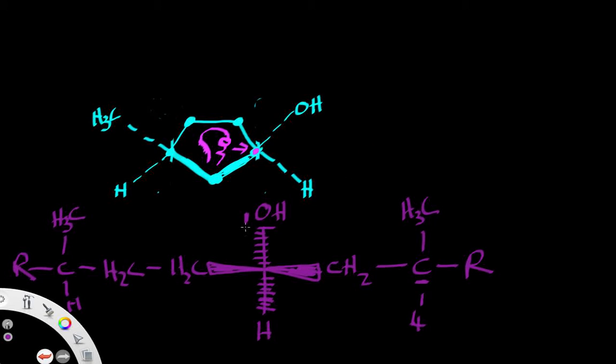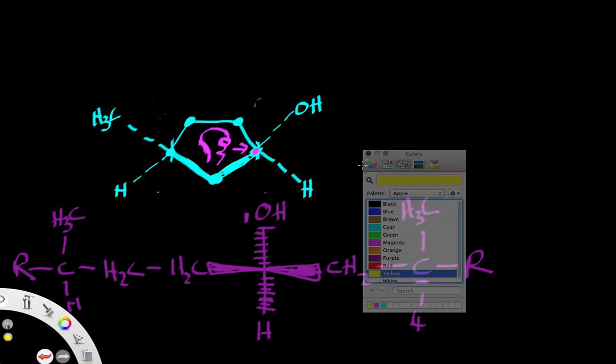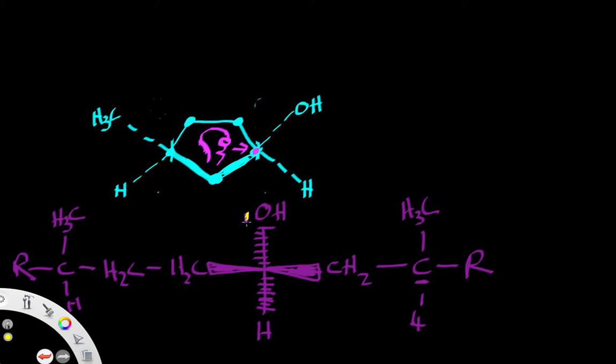So we have 1, over here we have 2, 3, 4. And our fourth group is fortunately pointing away from us. So we're moving in this direction, and we have an R configuration. And this applies to this carbon right here.